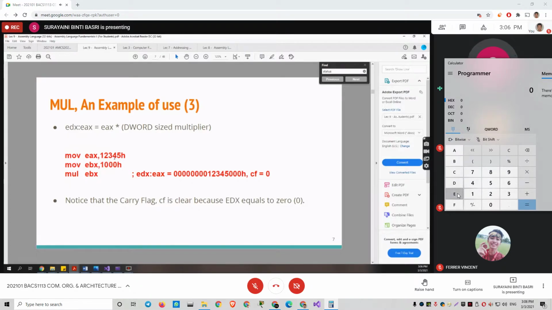This is like example 1, where we directly put the value. We didn't assign any variable, but we directly put the value inside the EAX.